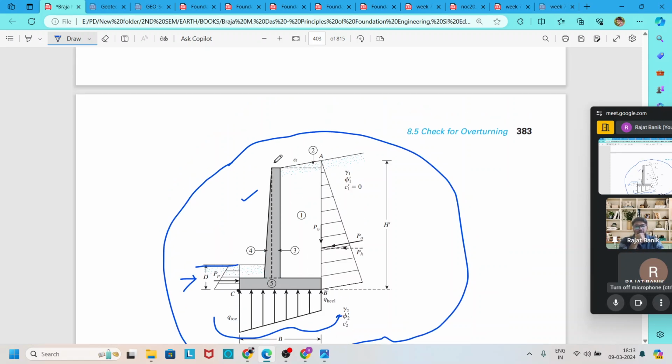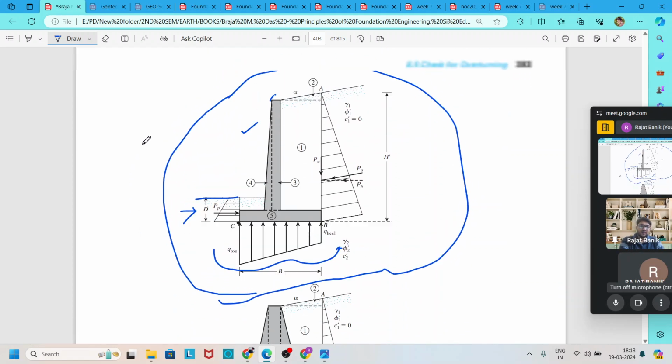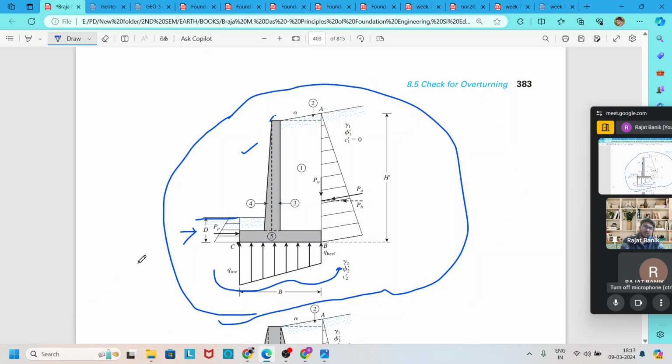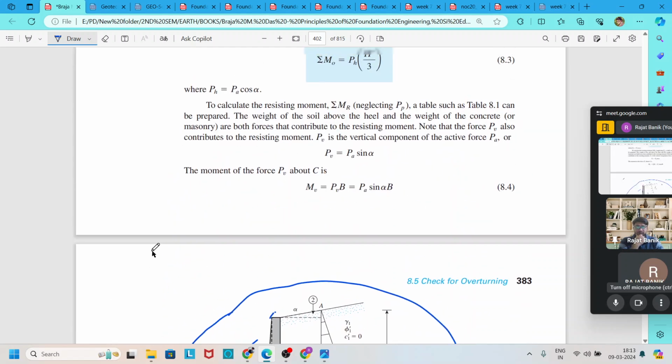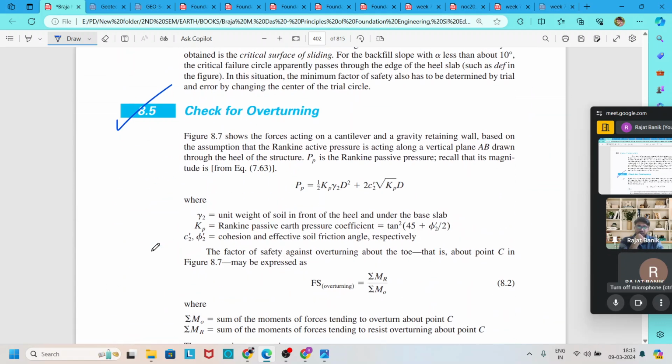There is also a force from the self weight of the retaining wall. After finding all these forces, we evaluate the different factors of safety. The first factor of safety is for overturning, that is the resisting moment divided by the overturning moment.